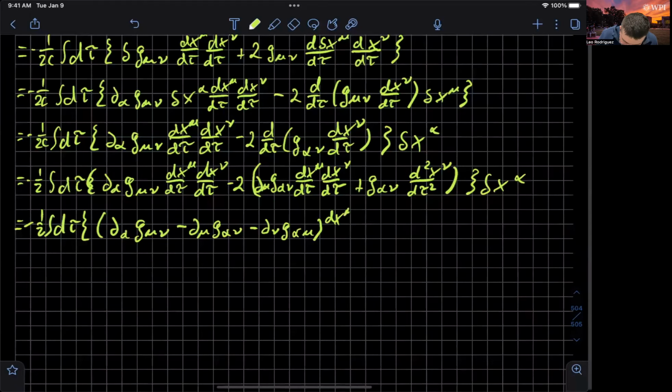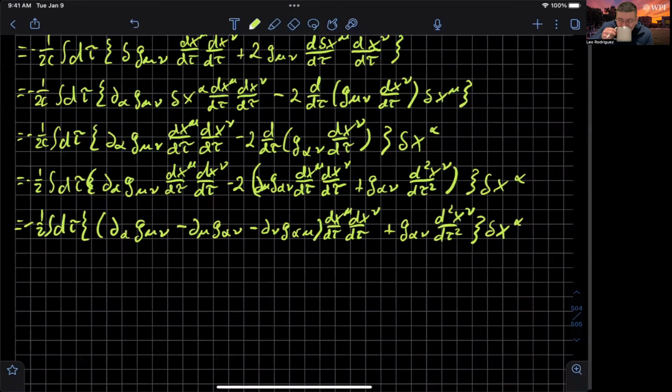And then I have dx mu, d tau, dx mu, d tau, plus the last term, g alpha mu, d squared x mu, d tau squared, all times dx alpha. Very good. You might already be starting to recognize something here, but let's just keep going.